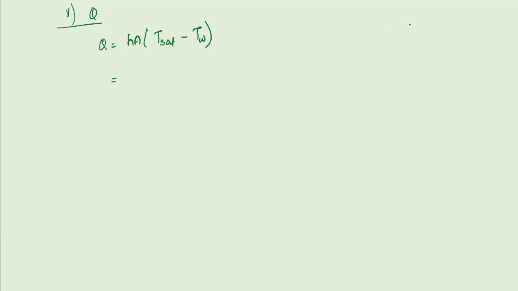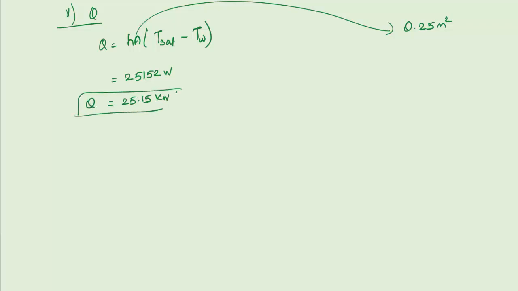That 50 into 50 has to be converted into meter square, that is 0.25 meter square, and substitute the value of A. T saturation is 41.53, TW is 20 degrees Celsius. Substitute all the values, you will get the answer 25152 watts, which is equal to 25.15 kilowatt. So Q value equal to 25.12 kilowatt.